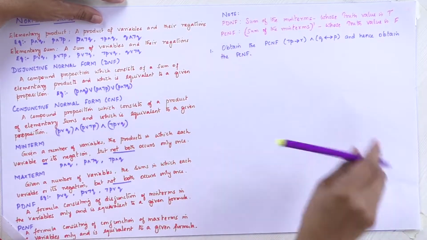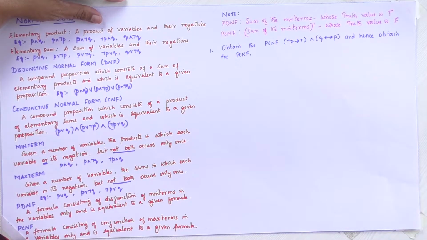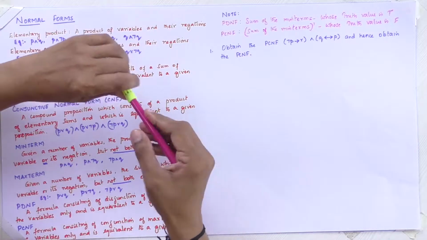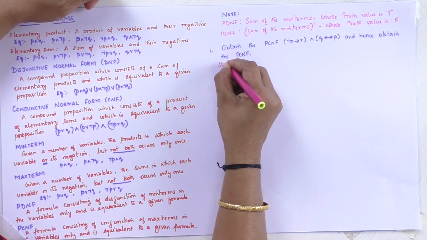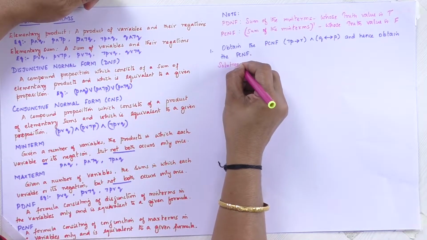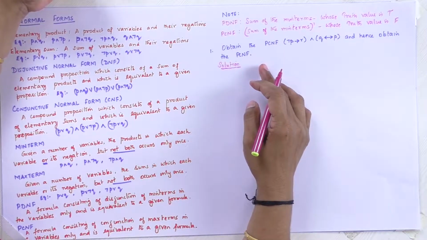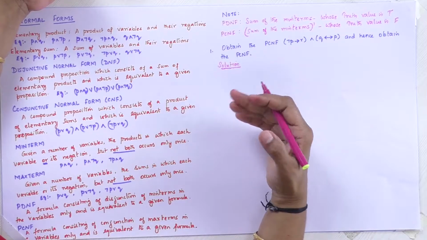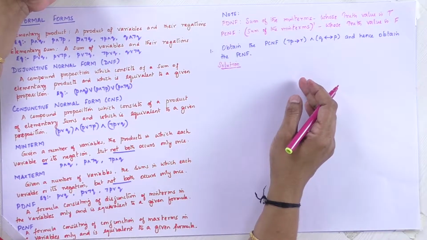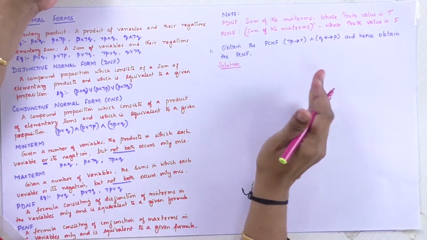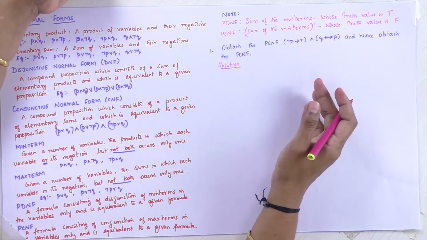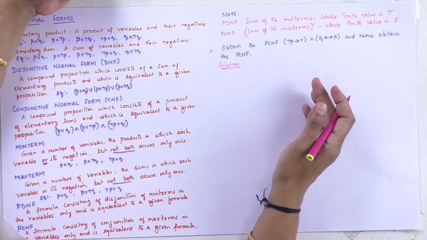So now I'll give you the solution. We'll approach the problem in two ways, right? First, we'll do it by using the laws of equivalence and implication, and for the same problem we'll use the truth table and we'll check whether we get the same result in both cases.